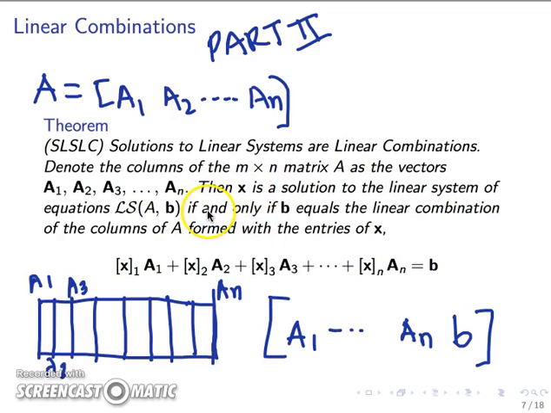X is a solution if and only if B is equal to the linear combination of the columns of A, such that the entries stored in every location in X are the scalars in that linear combination that equals B. In other words, we consider something a solution if its values can be used as scalars in this linear combination, such that we have a vector equation.